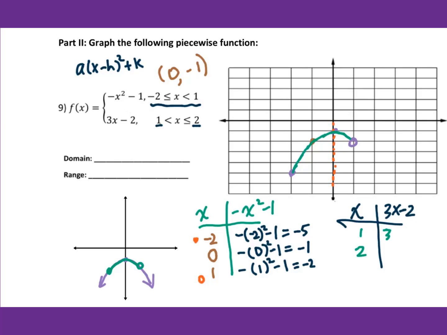Plug in 1: 3 times 1 minus 2 equals 1. 3 times 2 minus 2 equals 4. Then this is an open circle, this is a closed circle. Now we plot these 2 points. 1, 1 is still an open circle here. Then 2, 4. This is a closed circle. Then connect these 2 points.